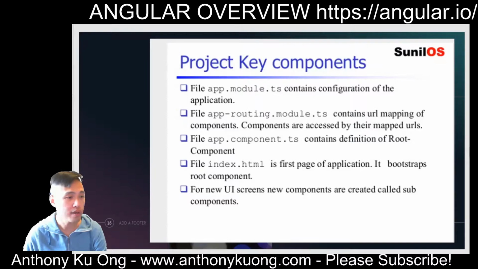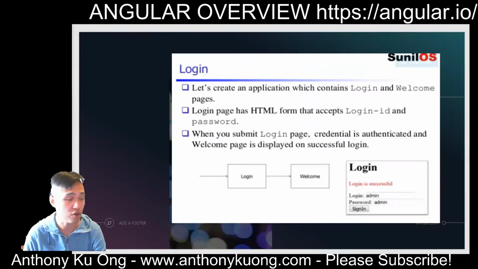One example is the app-routing.module.ts, which contains all the URL mappings. The app.component.ts contains the definition of the root component, which is in the app.module.ts. The landing page will always be index.html, and it's always the first page of the application, and it's bootstrapped, as I mentioned before.